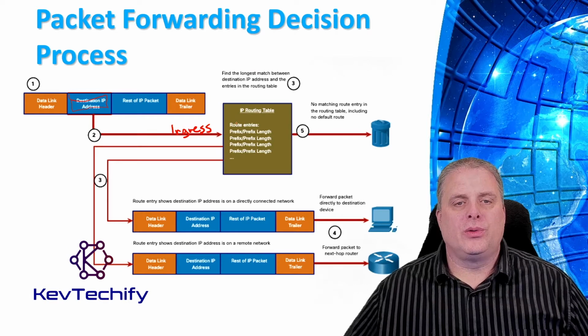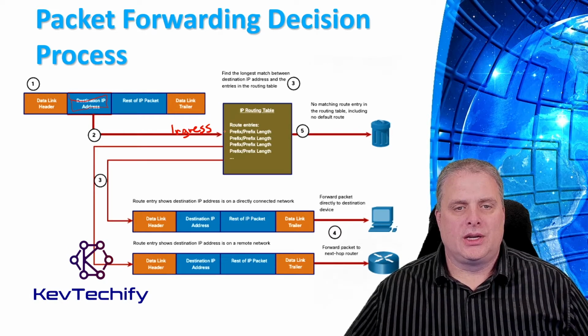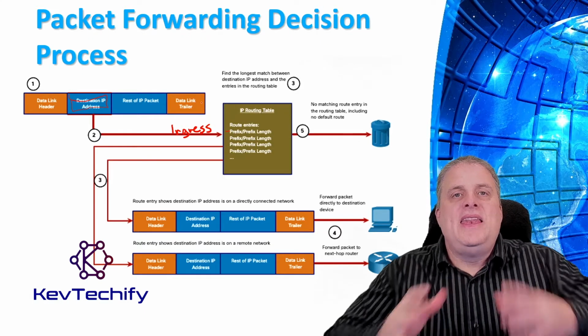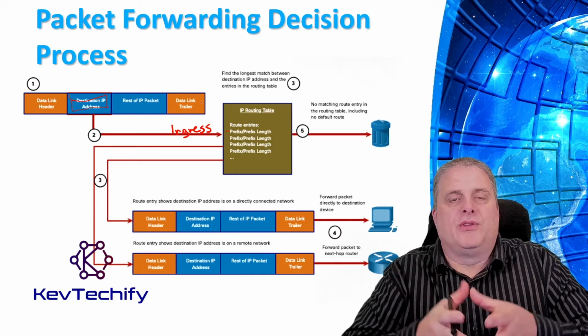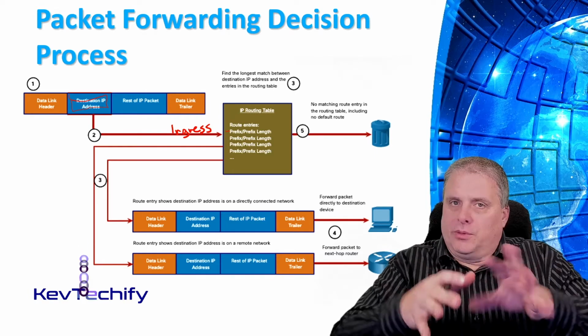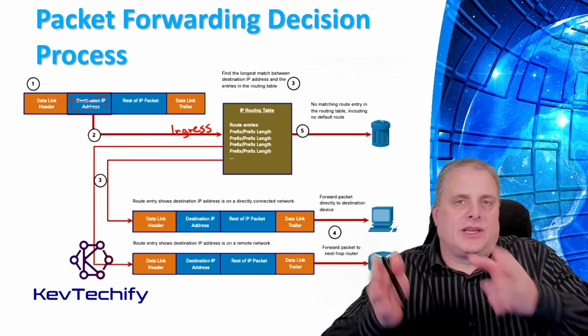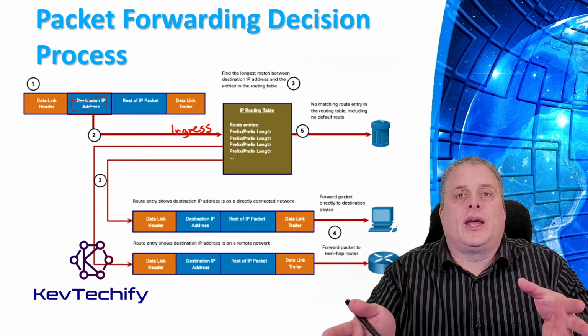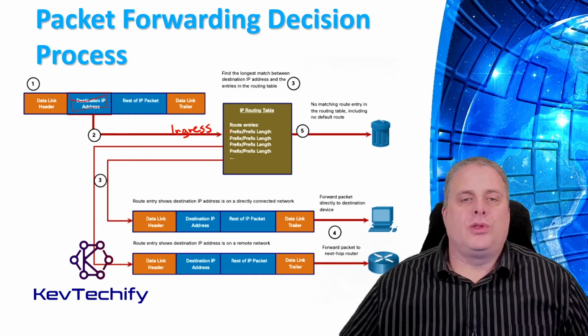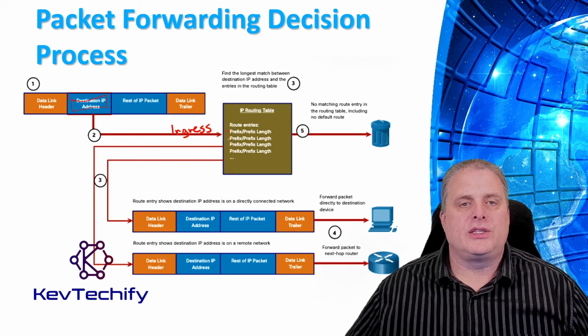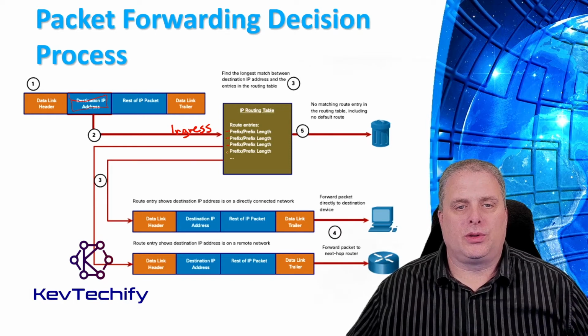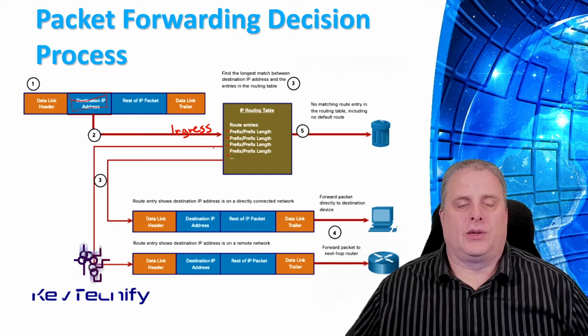It's going to go through its routing entries and compare the prefix and the prefix length. So it's going to look at that network portion for an IP version 4 address, and we determine the network portion based upon the IP address and the subnet mask. Once you have that, it'll go through and look for the longest match. Finally it'll find something and match it.